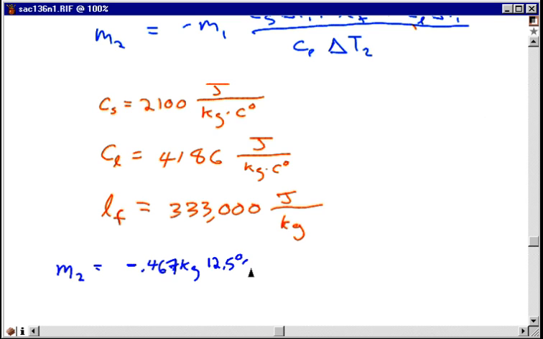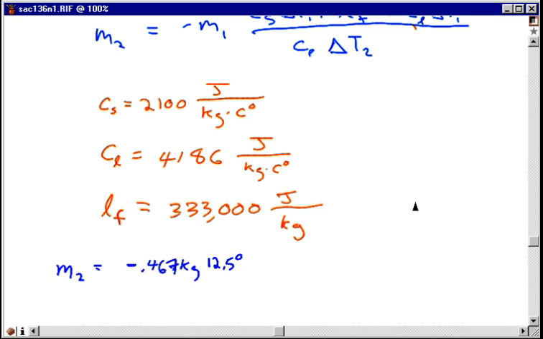Well, 12.5 Celsius degrees was the temperature change. And I left out the Cs, so I think I want to actually put that in.